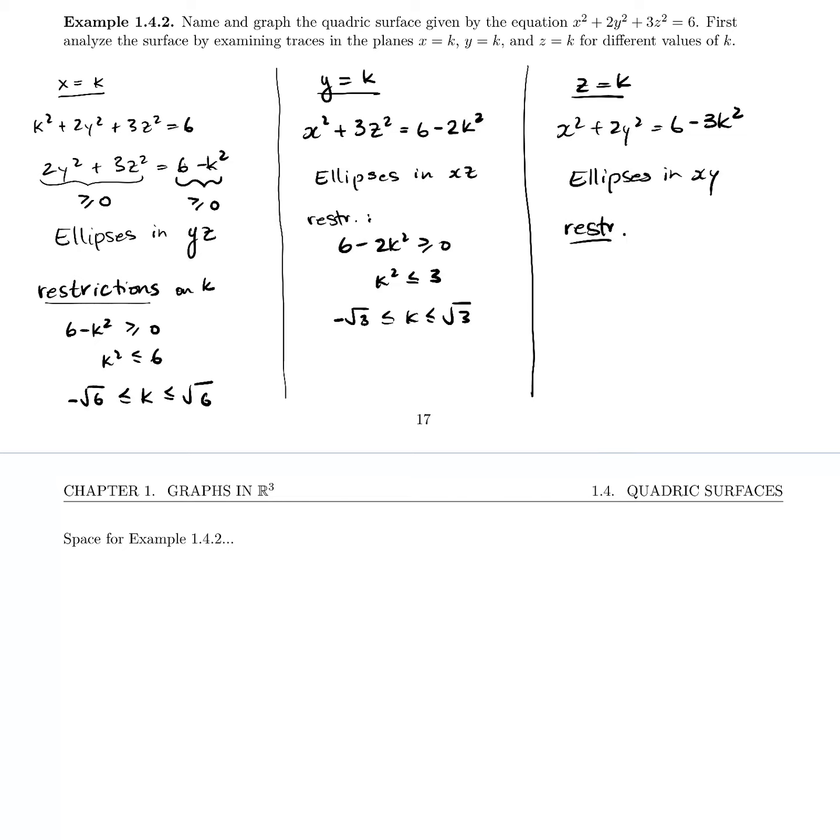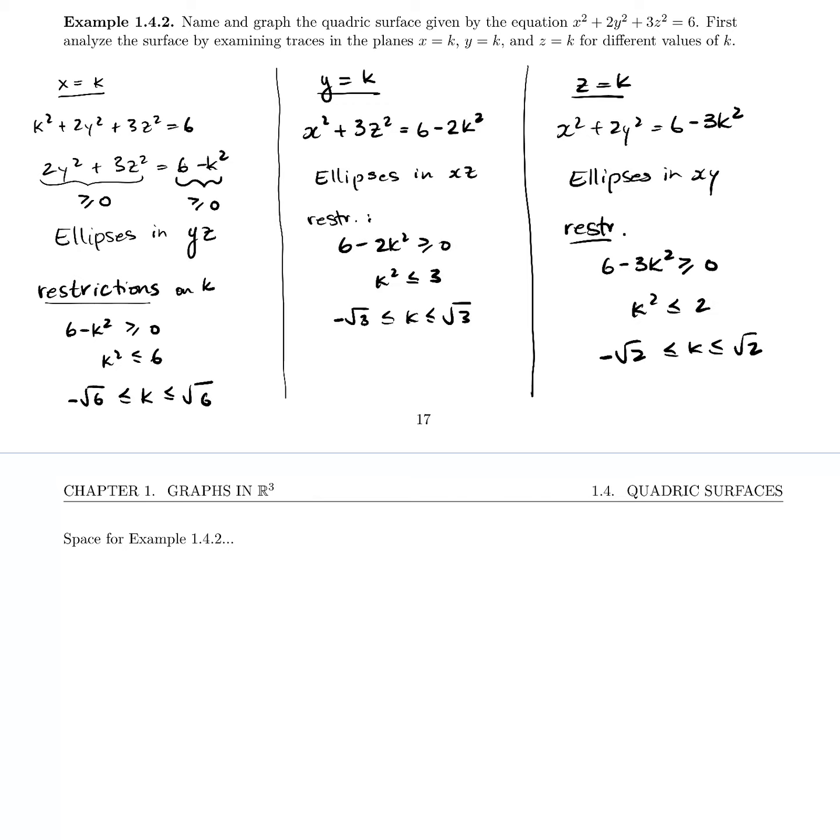The left-hand side is non-negative, so the right-hand side must also be, which gives us that k squared must be less than or equal to 2, or minus root 2 is less than or equal to k is less than or equal to root 2.